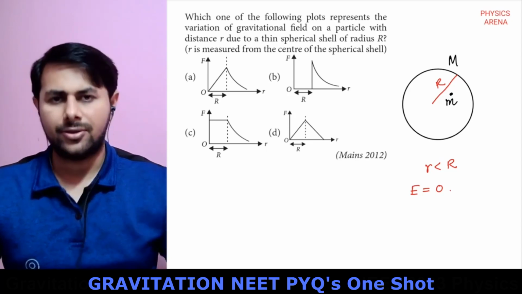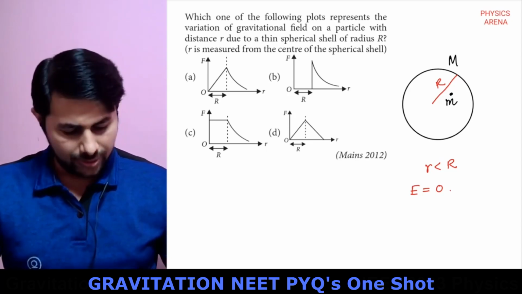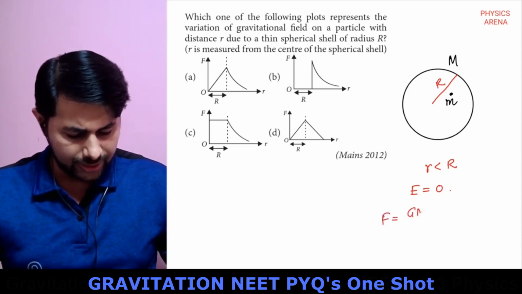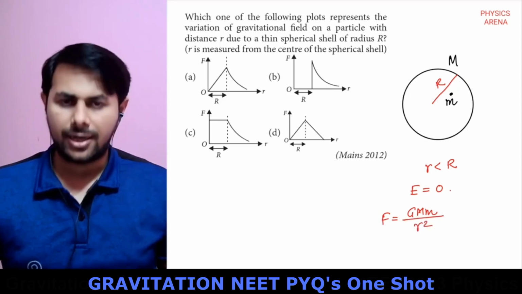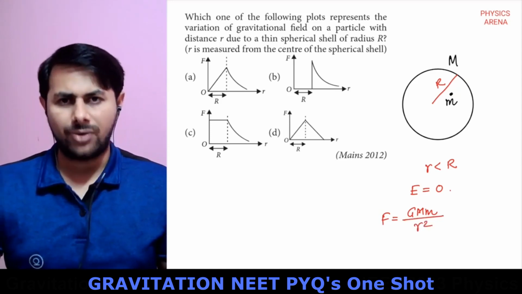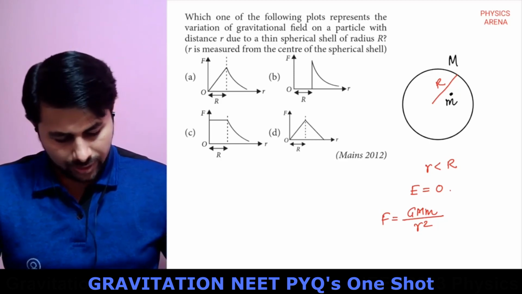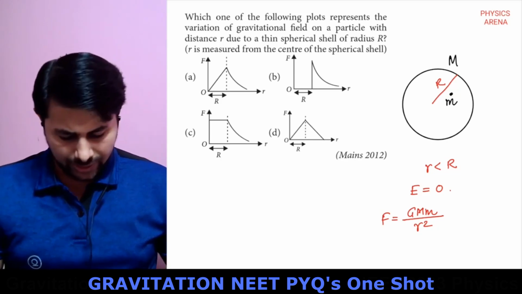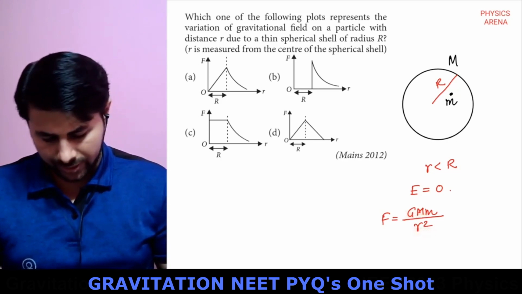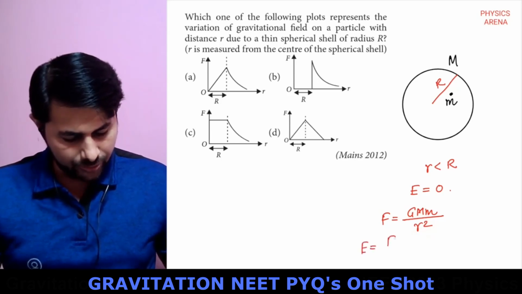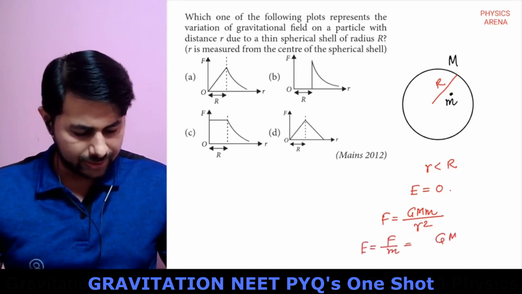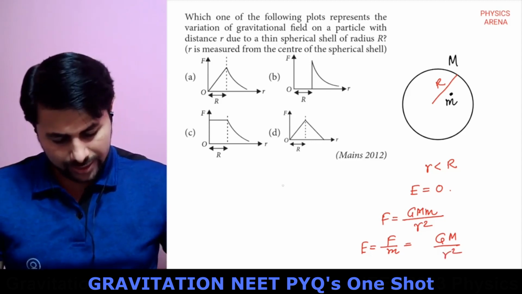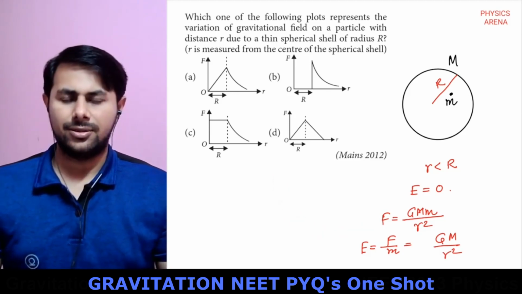When you go outside of the shell, the gravitational force is equal to what? It is just GMm upon r square, so it is inversely proportional to r square. Therefore the gravitational field, which is force per unit mass, will be just GM upon r square. And 1 upon r square is like this.